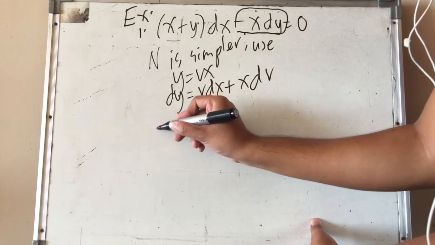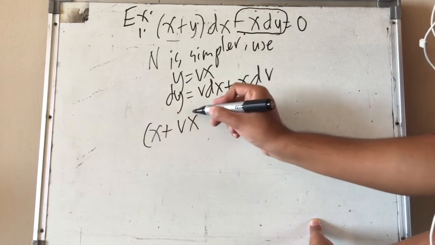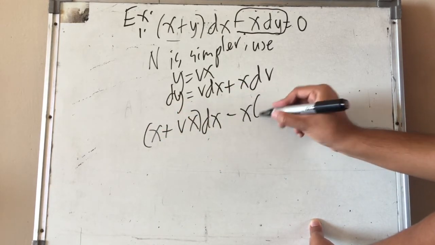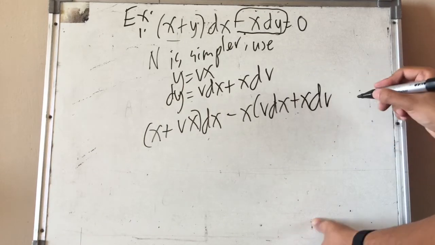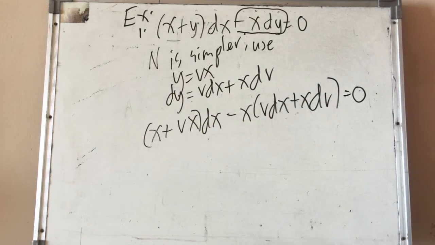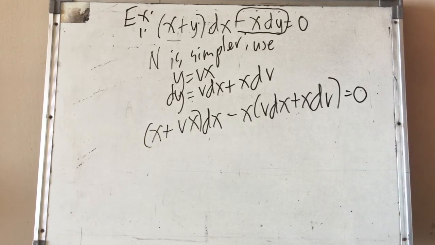So (x plus vx) dx minus x (v dx plus x dv) equals 0. The use of a third variable v or u is to reduce the homogeneous equation into one in which the variables are separable.